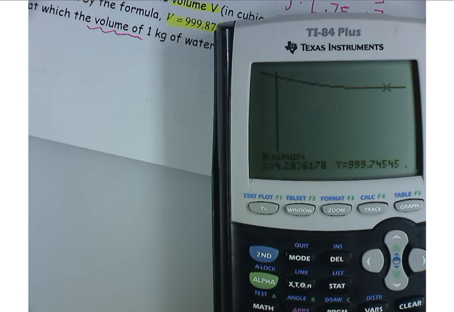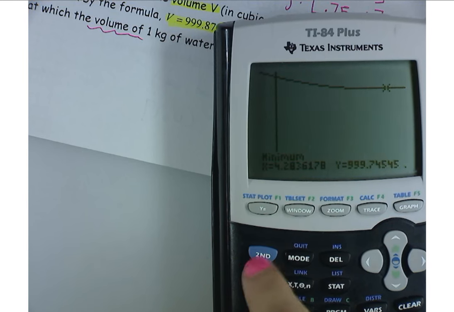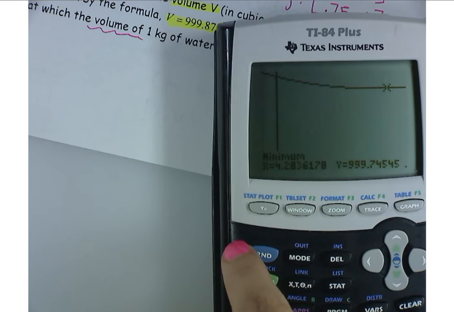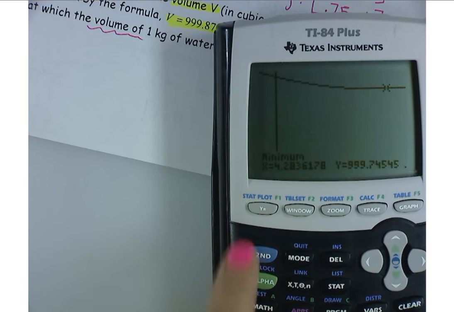Okay, and then did you guys get your minimum? Do you guys have the same thing as I do, or do you have something close for your X value? 3.966. Okay, yeah, 3.9665. Is that what most of you guys have? Did you guys do the same window thing that I did, or did you keep it how it was before? I just kept it, yes. Okay. I'm going to try that too.